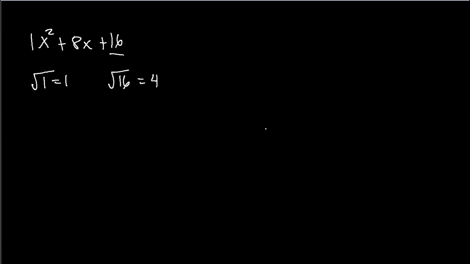Now you should multiply these two answers and you come up with 4. Now notice that 4 is just half of the numerical value of your middle term, which means 8 divided by 2 is 4.